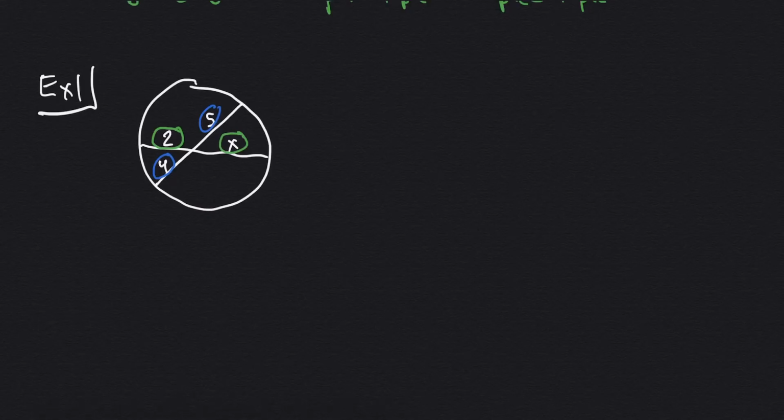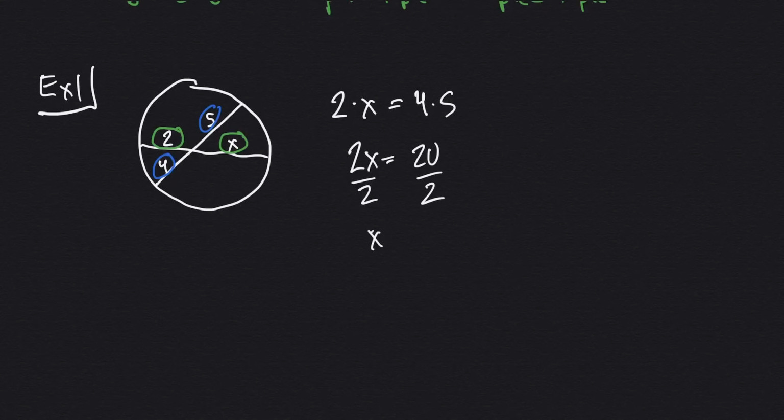So the simple equation is going to be 2 times X. You multiply those two pieces. That's got to equal what you get when you multiply the other pieces. So that equation simplifies to 2X equals 20. And then we just have to divide by whatever's in front of the X. And that gives us the length of that one segment of the chord. Pretty straightforward. Let's try another one.